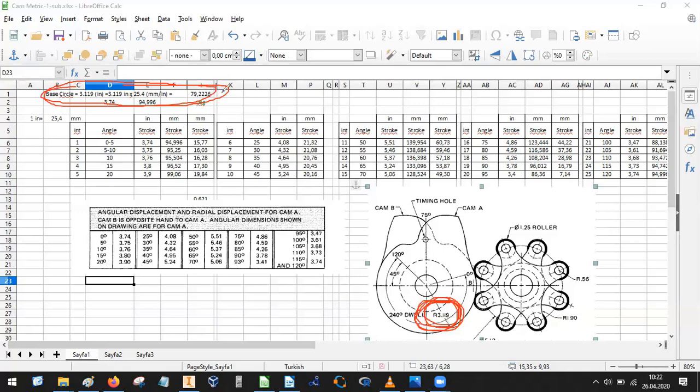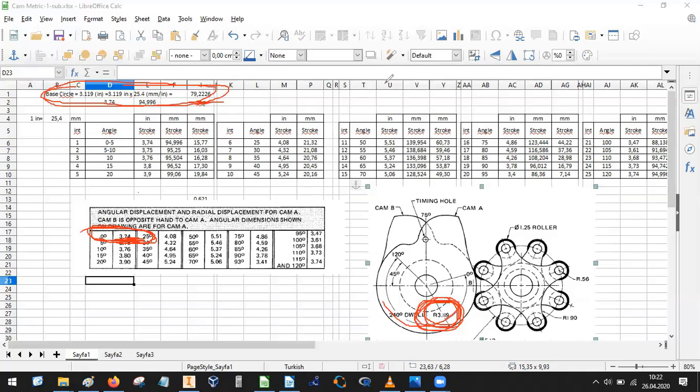It is in millimeters. Also, our stroke, this is our base circle, and after that base circle, we just start our cycle with this property. Okay? Here we have a stroke movement more than our base circle, which is 0 point.